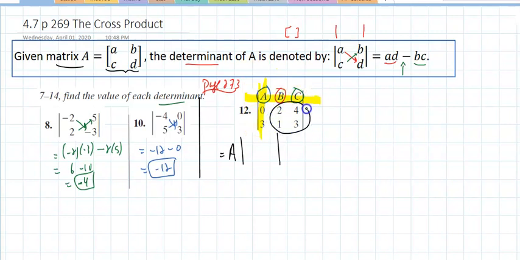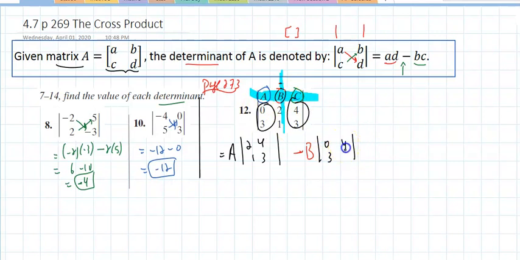What that leaves me with is a 2, a 4, a 1, and a 3, right? When I get to the B, it always picks a minus. That middle will always take a minus. And if I cross B's row and column, I'll notice that what's left is a 0, 3, and a 4, 3.